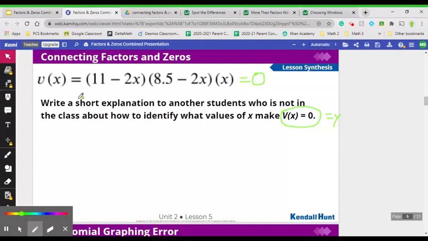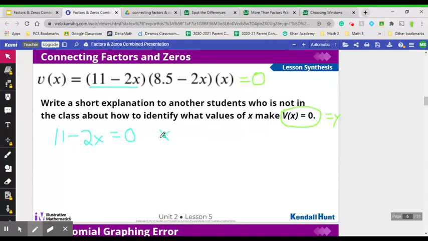And we're using the same strategy as before for figuring out each of these three parentheses. So we are going to set what's inside of each factor equal to 0 and solve for x. So we would have 11 minus 2x equal to 0.